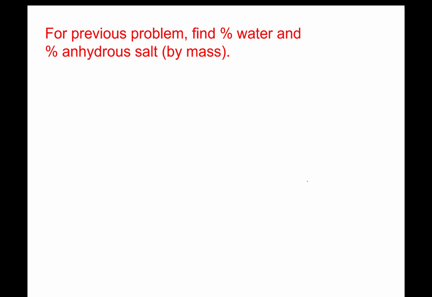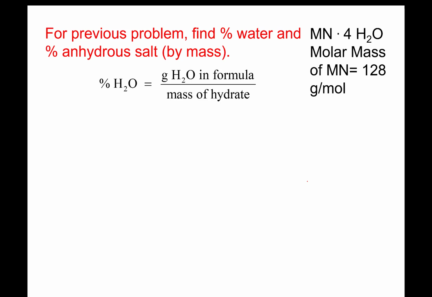Now it asks us for the previous problem, find the percent water and the percent anhydrous salt by mass. Got to do a little bit of thinking here, but this was the formula we had on the prior slide. So to get the percent water, we can take the grams of water in our formula divided by the mass of hydrate.